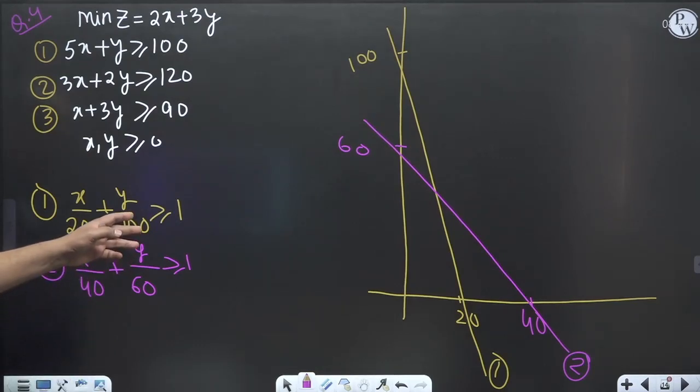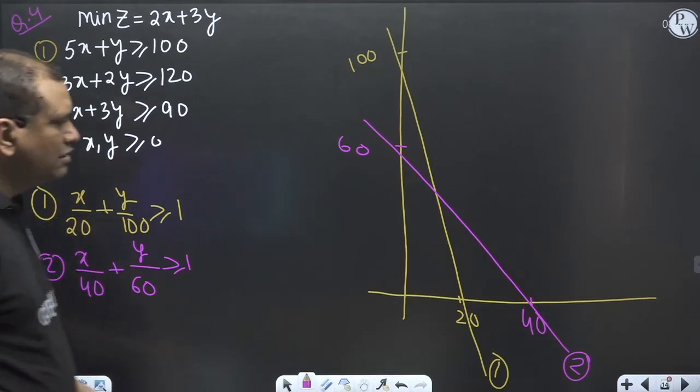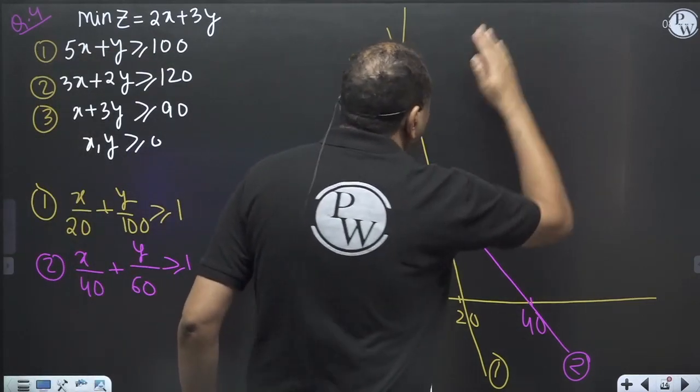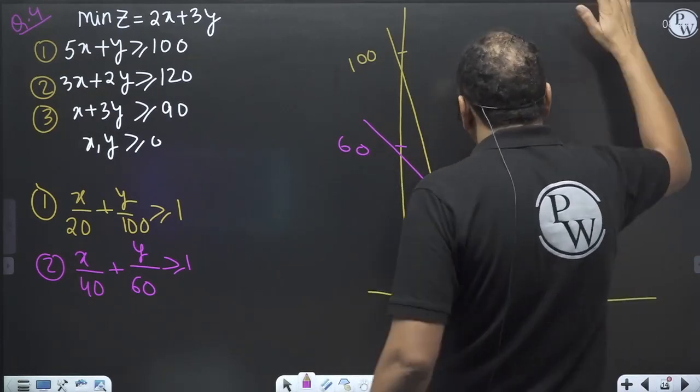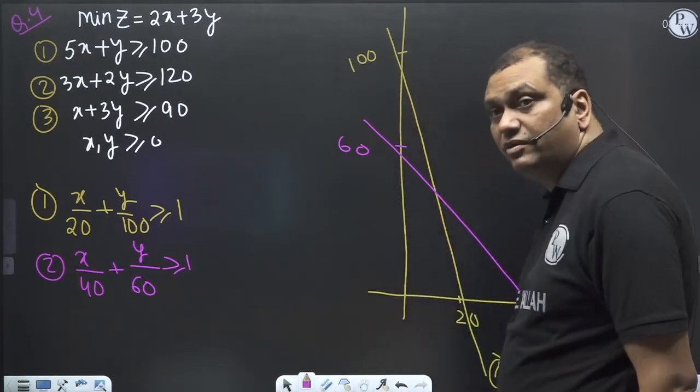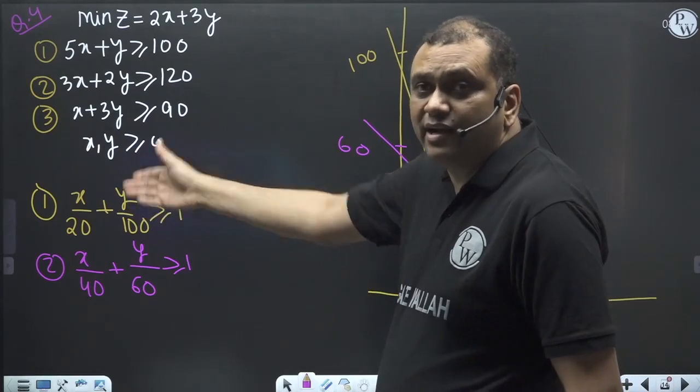Because it's a greater than sign, region will be away from the origin, correct? Region will be away from the origin in both the cases, because the sign is a greater than or equal to sign.